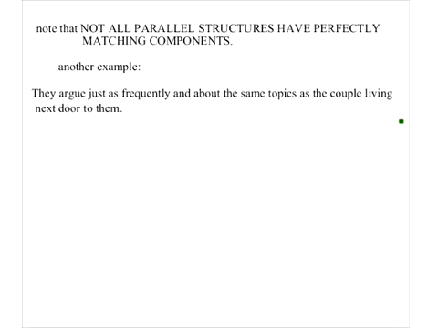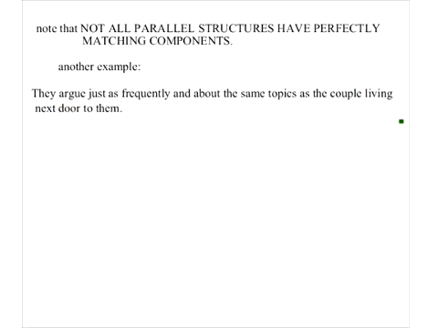So the question is, what about when they're not? Not all parallel structures have perfectly matching components. So here's an example in which they don't. "They argue just as frequently and about the same topics as the couple living next door."